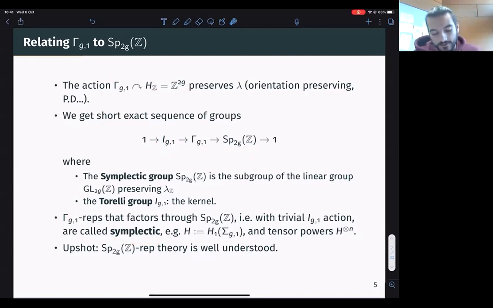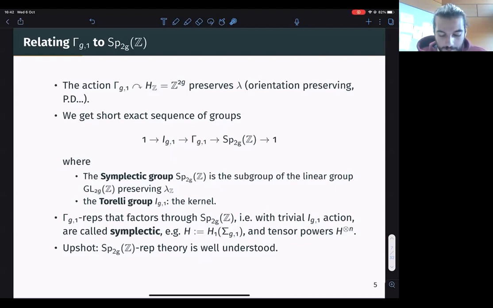And an example of a symplectic representation is just the rational homology of H and all its tensor powers, exterior powers, symmetric powers, etc. Okay, well, the upshot is that symplectic representation theory is well understood. I will not be speaking much about this.